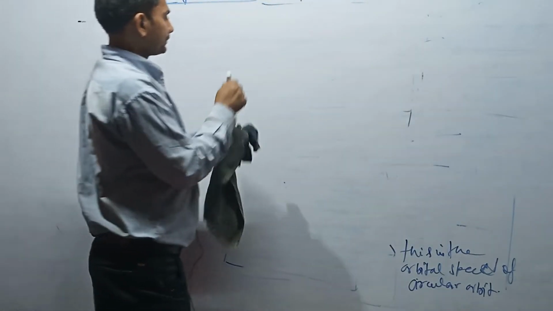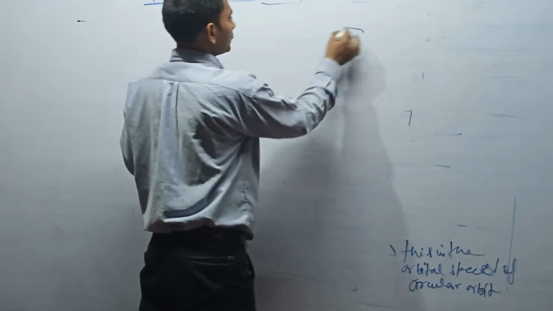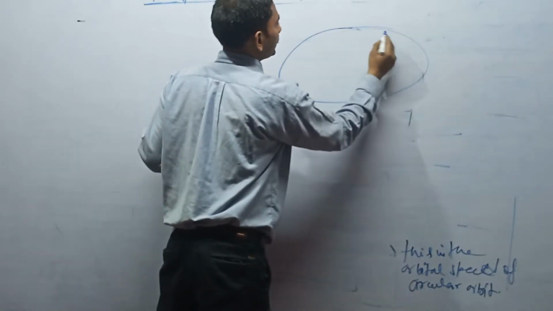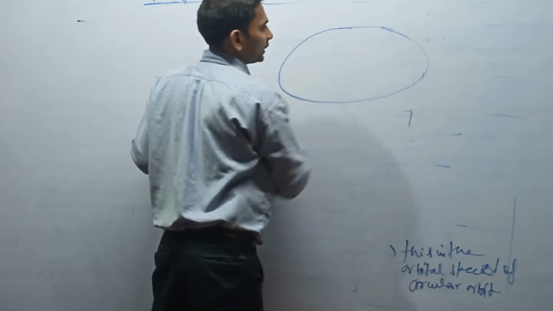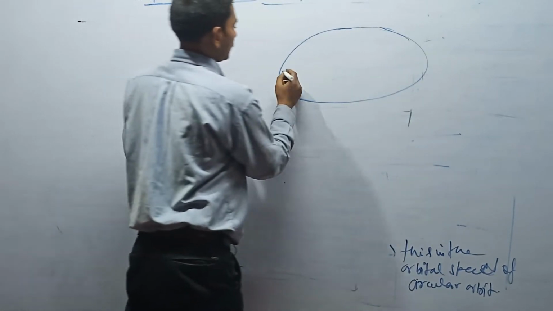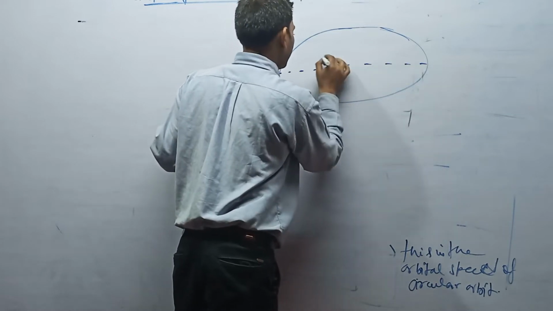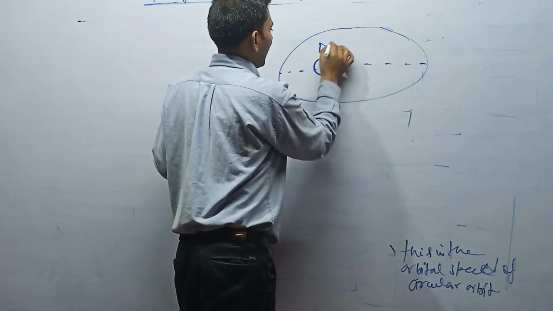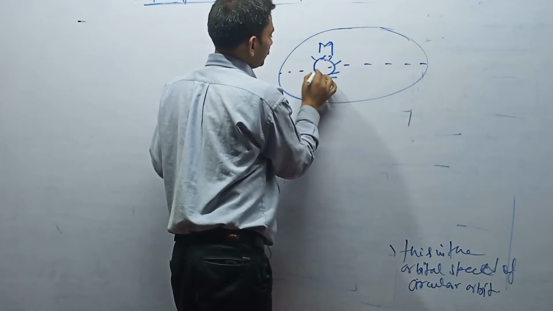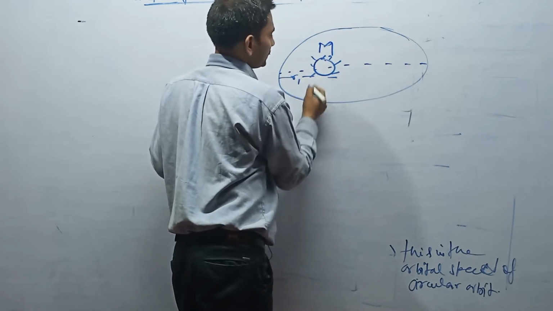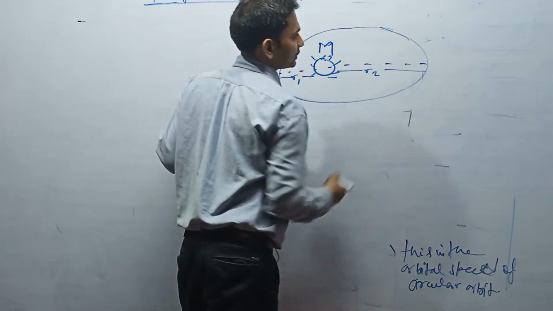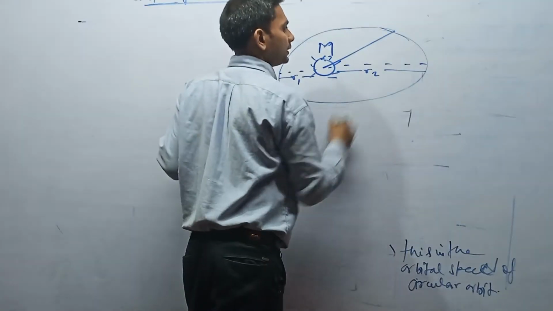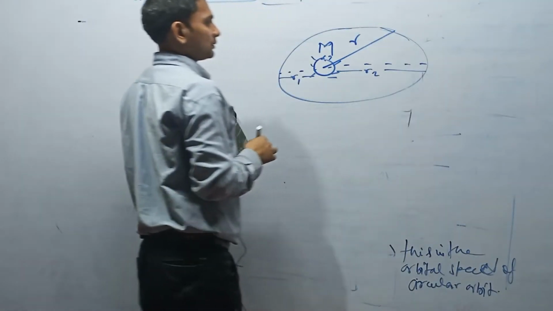Let us suppose this is an elliptical orbit. The sun is placed here and has mass M. Let us suppose r1 is the radius here, r2 the radius here, and here distance r.